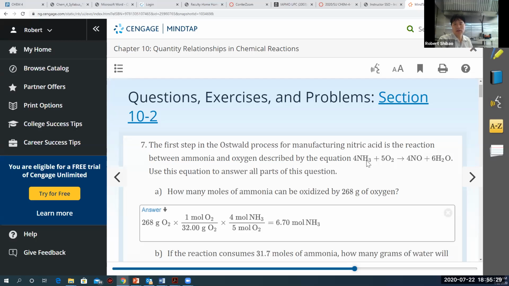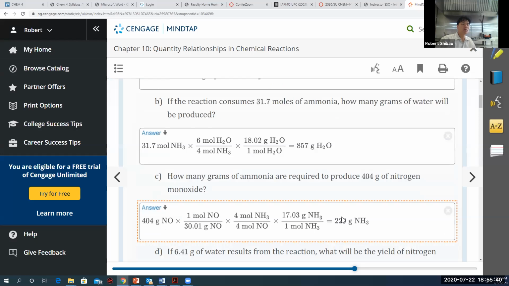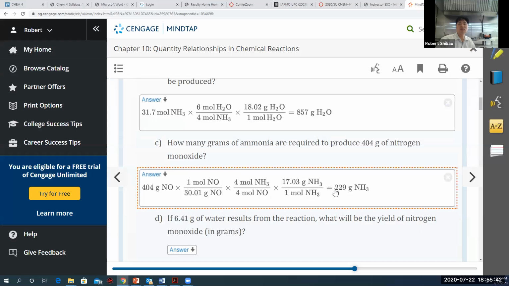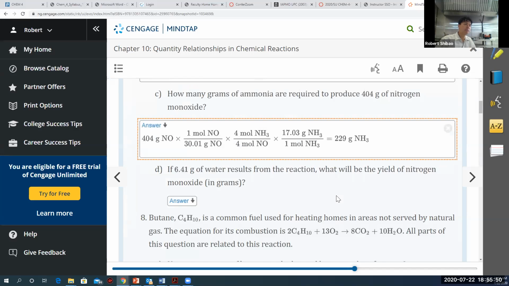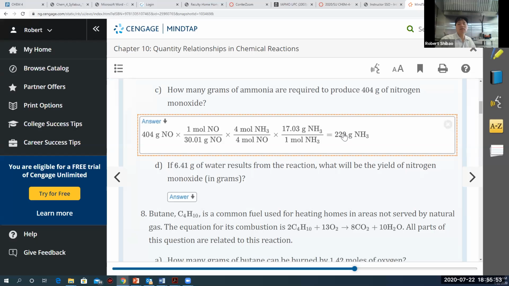Well, the same thing goes in chemistry. You want 404 grams, but you might lose some, depending on how much you might lose. So you might start off with more in case there's some loss, in case you don't have a perfect yield. You have to kind of guesstimate how much you might lose. You could guesstimate it based on, let's say, each time you make cookies, you eat 3 of them, and that's a good guess.